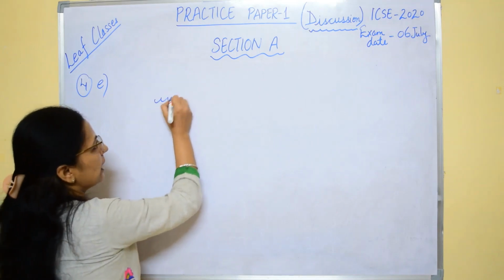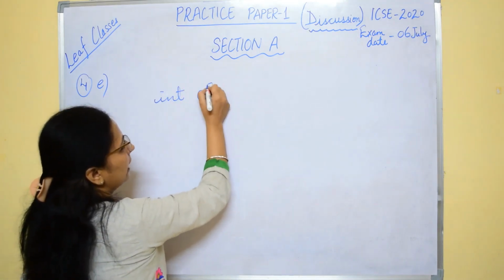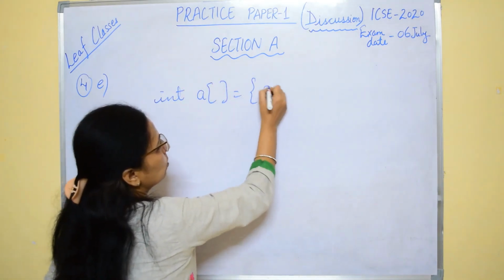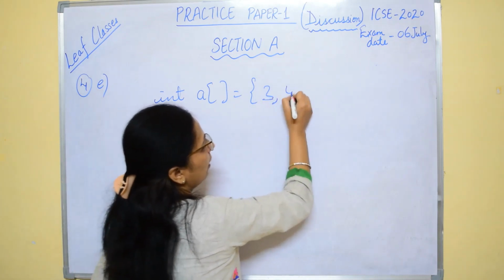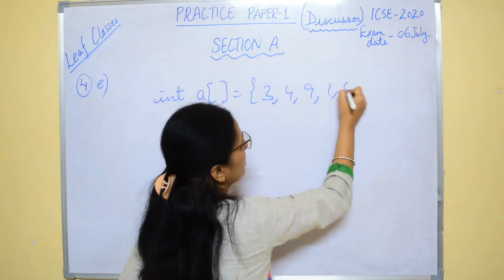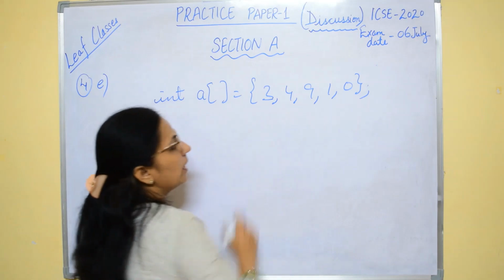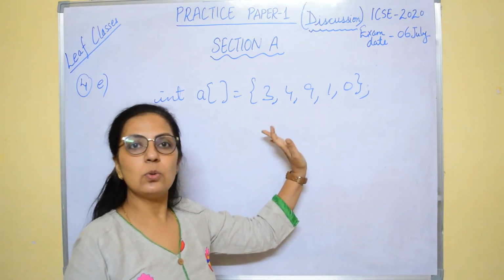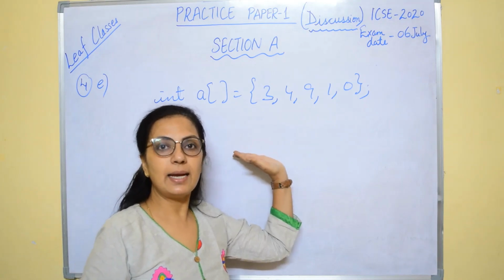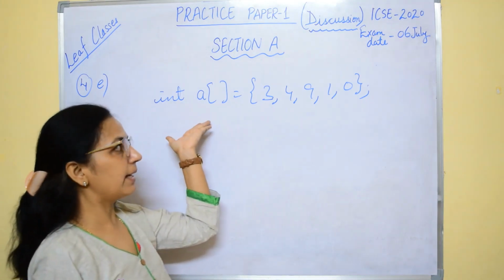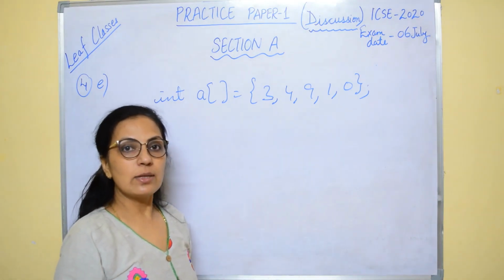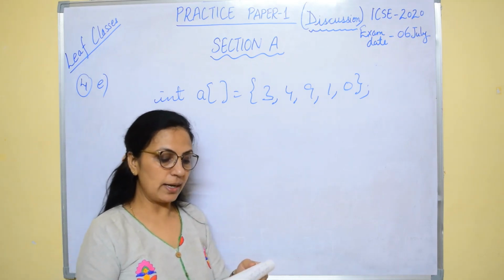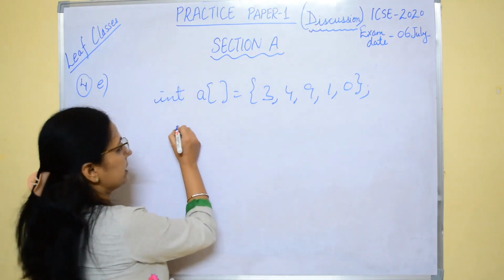So if you take the example of the array equals 3, 4, 9, 1, 0, then the curly braces are used to initialize the array at the time of declaration itself. So the answer to this question is curly braces.